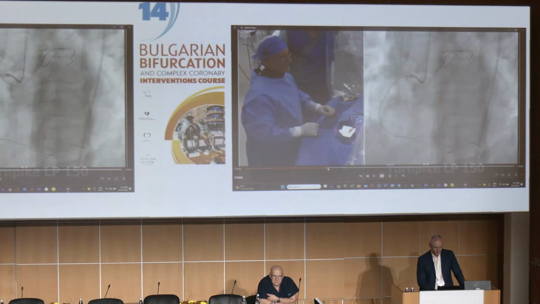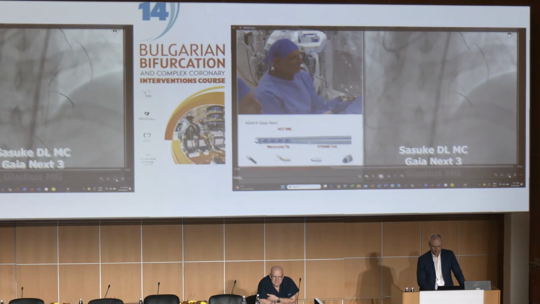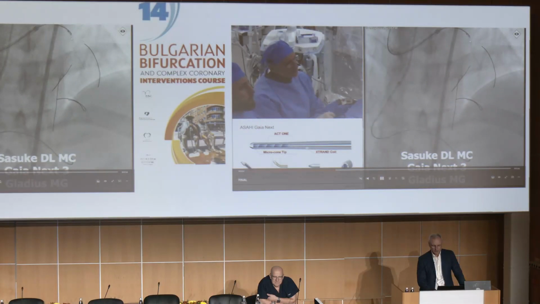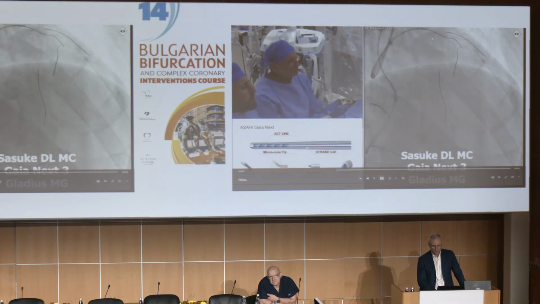So facing that, we decided that we are going to move in an antegrade part, and we used the dual lumen microcatheter as here, the Sasuke. You can appreciate it here. And then trying to antegrade probe. You see here how the microcatheter is, the tip of that, and then how the wire exits a little bit proximal from the marker through the second lumen.